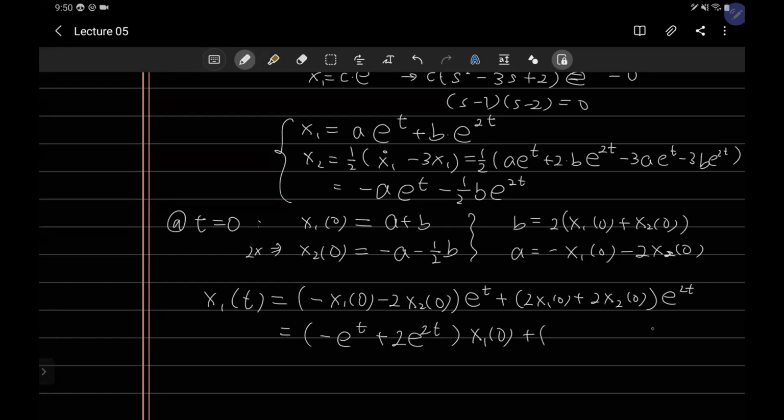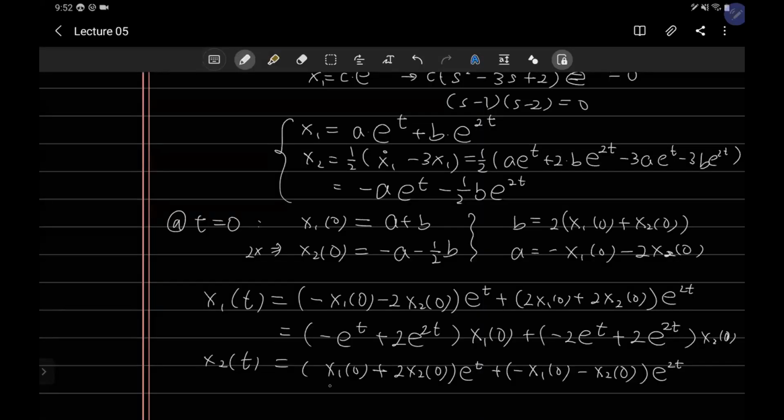And similarly for x2(0), it is minus 2 e to the t plus 2 e to the 2t. And similarly for x2 of t, we would also replace minus a and minus b over 2 with this.